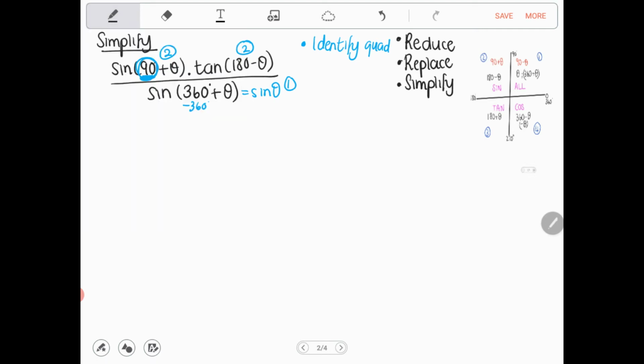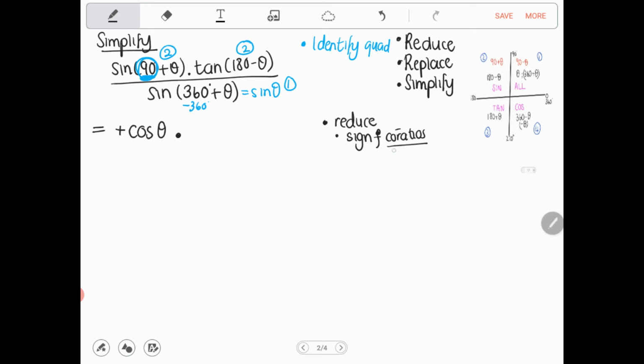So now I'm going to reduce, watch your sign, and watch your co-ratios. So those are things you have to be careful of. All right, so sine in the second is positive. So it's going to be positive cos, because the 90 changes sine into cos of theta.